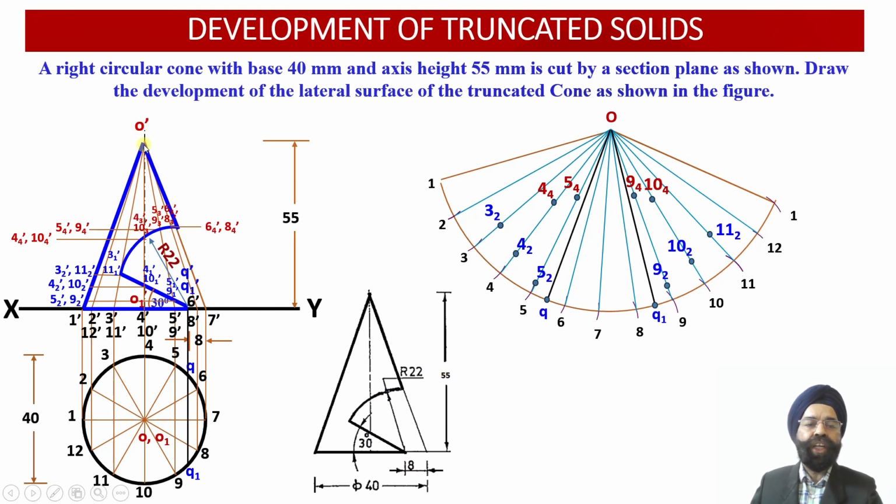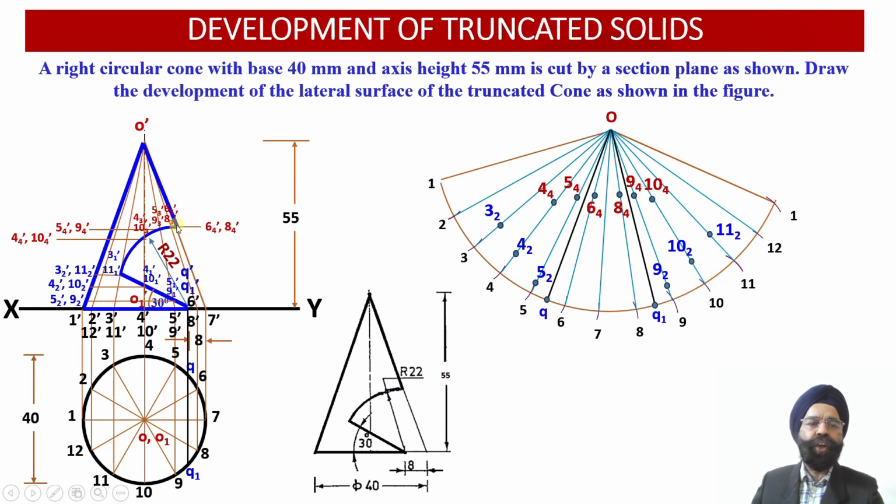So now the true length corresponding to the points 6 and 8, that is O-6-4 dash, O-8-4 dash, they have been obtained. So now onto O6 and O8 generator. This is O6, this is O8. Another couple of points we have obtained. So these points, they happen to be 6-4 and 8-4 over here.